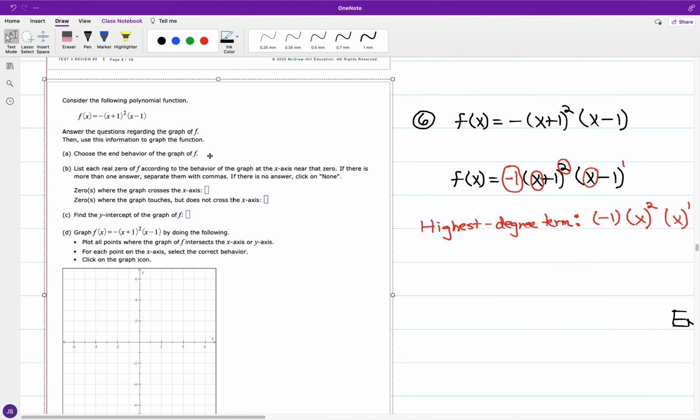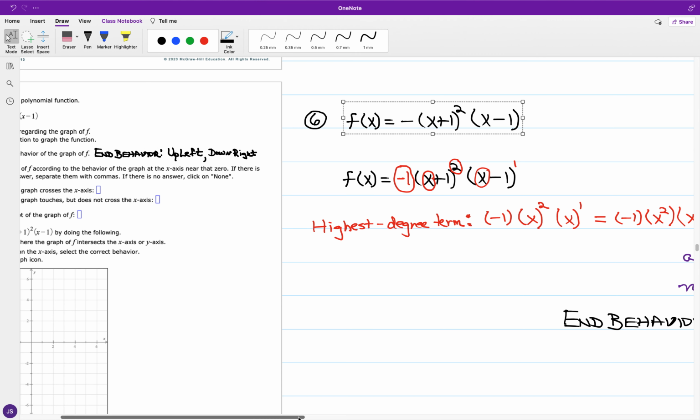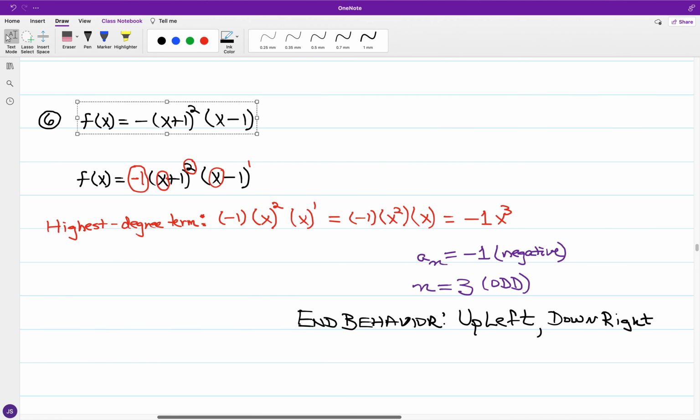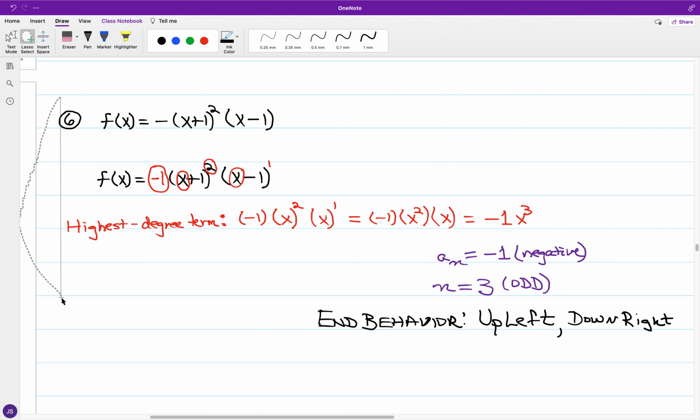And now for the zeros, and where the graph is going to cross as well as touch the x-axis. We're placing priority on the zeros and their multiplicities.